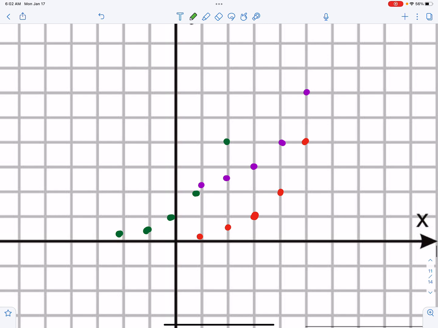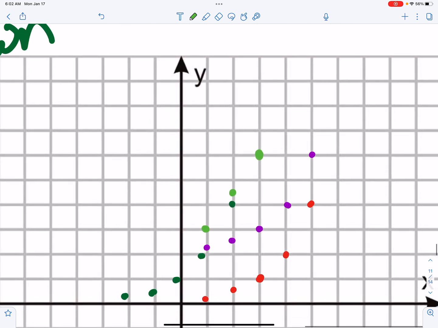Now that's hard to see when we're doing fractions, but essentially if this was 1/4, it's just going to bump it up to 1. If this was 1/2, it's going to bump it up to 2. And then this was supposed to be at 1. That one's going to move it up 3. This one's going to move it up even more. So when we go to finally get our graph here, it's going to look like this.